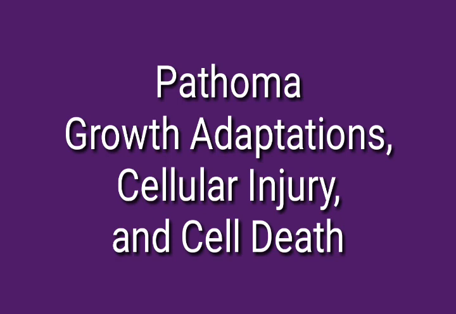All right, before we can begin our discussion of free radicals, we should take a step back and define what a free radical actually is. A free radical is a chemical species with an unpaired electron in the outer orbit. And it's this unpaired electron that has the ability to induce damage within the cell.